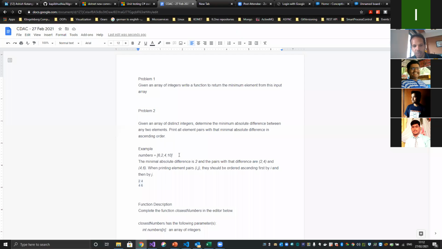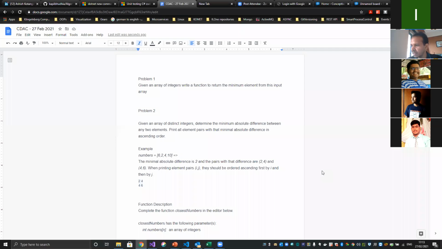Okay. So do you understand what is meant by minimum absolute difference? Can someone answer me? I'll call out some names. I have names on my mobile. Mansi, is Mansi in here? Oh, she's hiding.